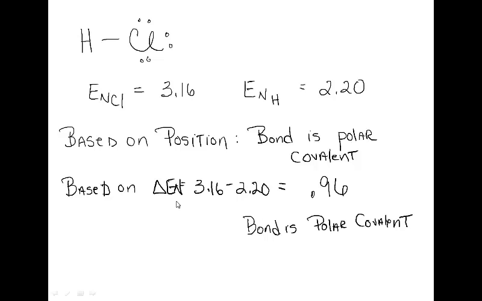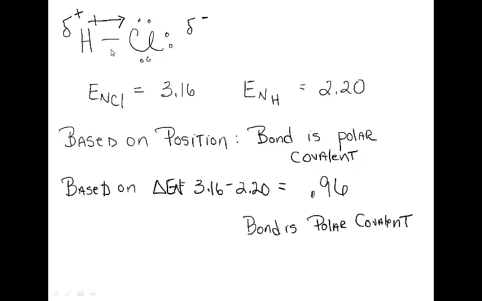Since it's covalent, I'm going to assume that hydrogen and chlorine have different electronegativities, and that chlorine has the higher electronegativity. The electrons are scooting towards the chlorine, and that's making it more negative. So the bond itself is going to be a polar covalent bond.